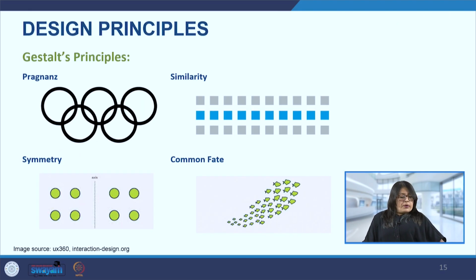The next principle in Gestalt's theory is pregnance. This is how people perceive and interpret complex images in the simplest forms. Although this is a logo, we will still see this as circles, and we will ignore the negative space that is being generated.